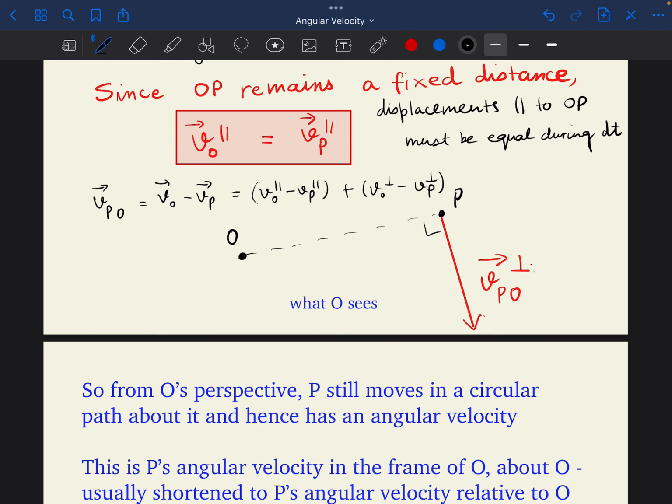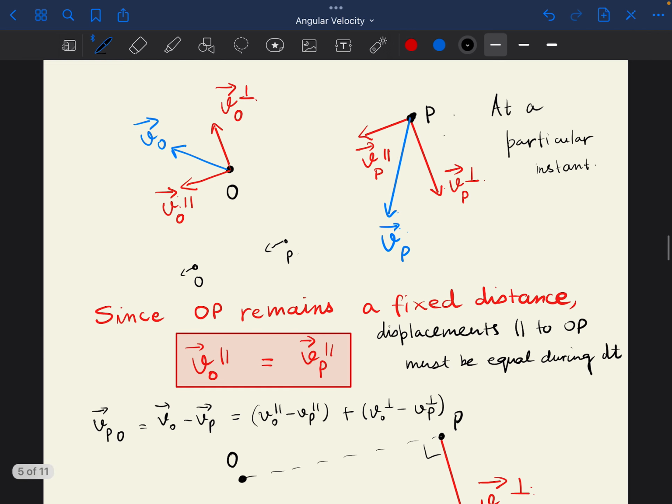So in this case, the distance OP is fixed. Therefore, the velocity components of O and P parallel to OP, these two components are equal.